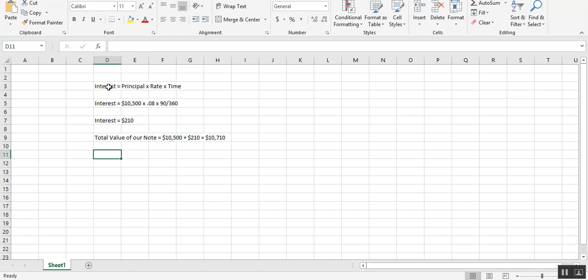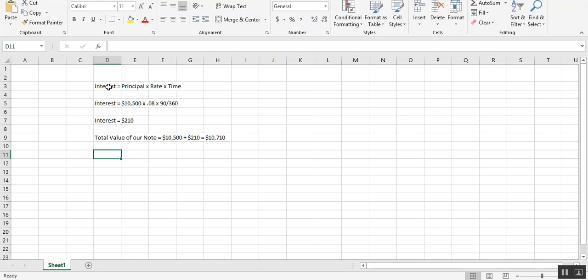That's the full value of our note. So if we had kept the note ourselves and waited for whoever that was to pay us back, we would have gotten $10,500 in payment for the note and then another $210 for interest. So we would have gotten $10,710.